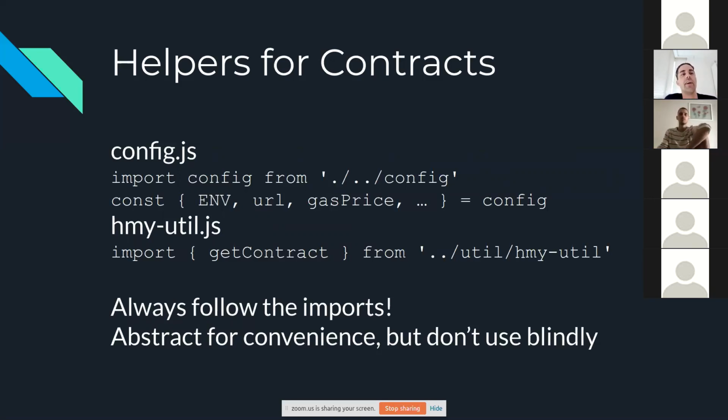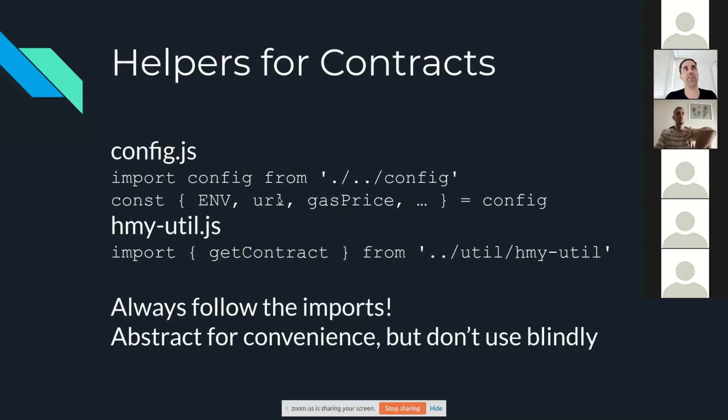This file is really just a loader for all of those environment variables, and they expose them into your dApp so that you can use regular import syntax like this, and say, okay, get my config, and then out of the config you can pull out things like which environment am I on? This environment variable might be local, mainnet, or testnet.